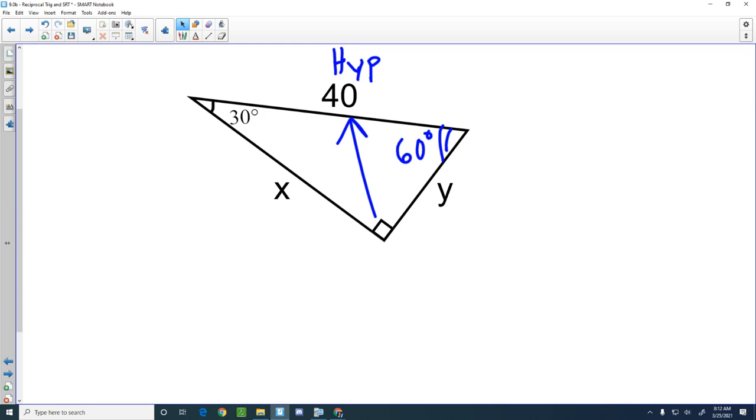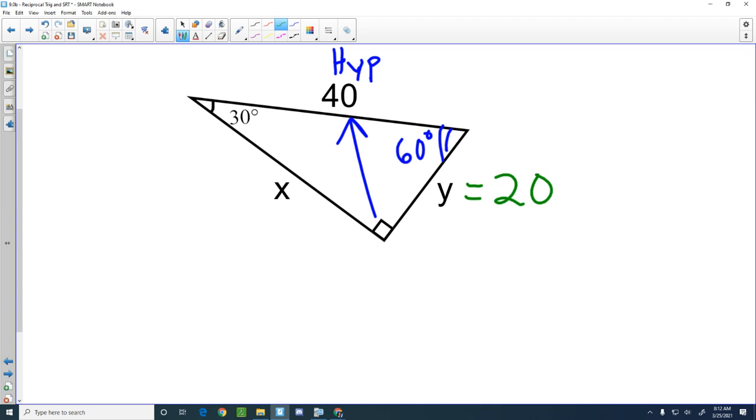So the hypotenuse is twice the short leg. If 40 is 2 times y, what does y have to be? 20. You just divide by 2 when going from the hypotenuse down to the short leg.